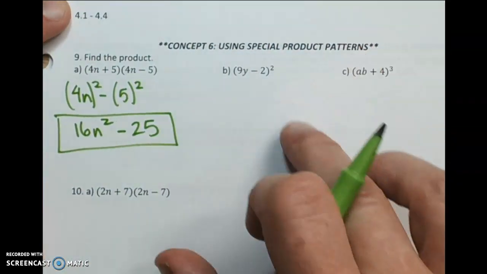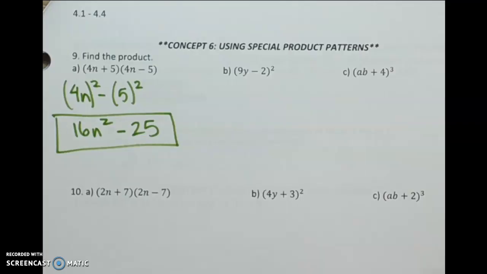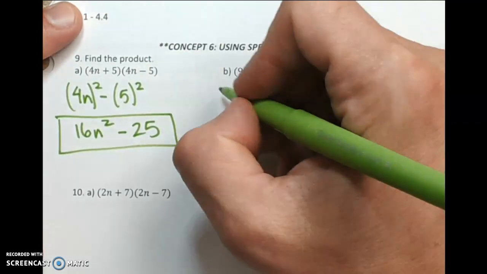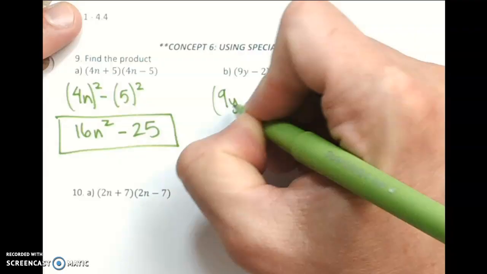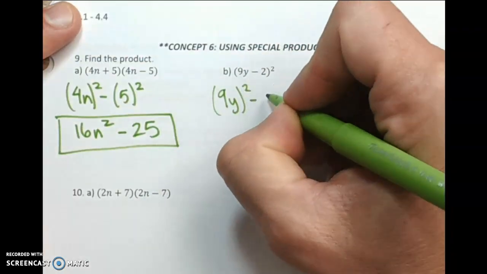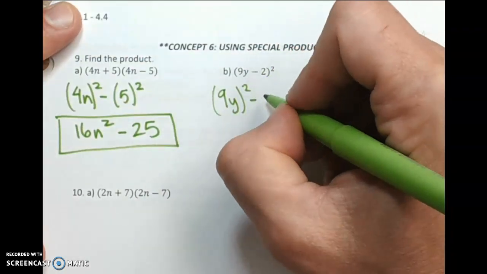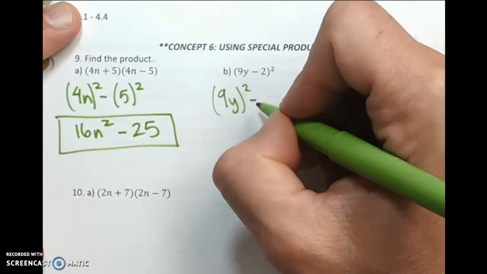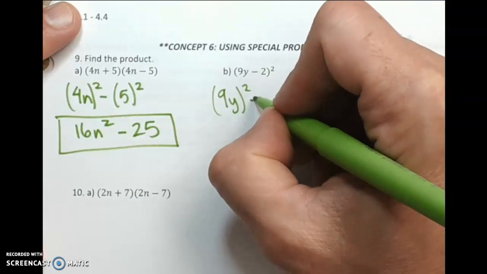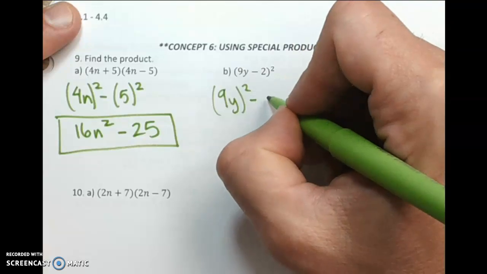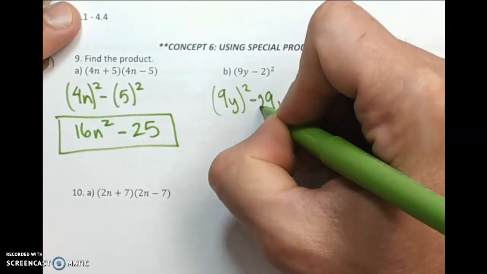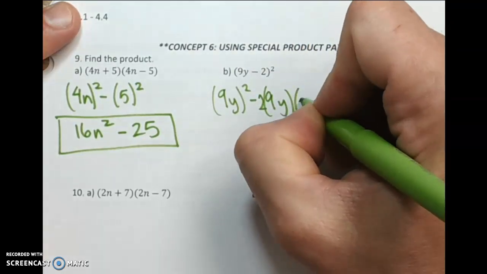Alright, again, this is a special pattern, it's like a shortcut. This one we've done before. Again, 9y, I'm going to take the first term and square it, and then minus. It doesn't matter if I put minus or plus, it's going to be minus in the end here, but it's going to be 9y times 2 times 2.